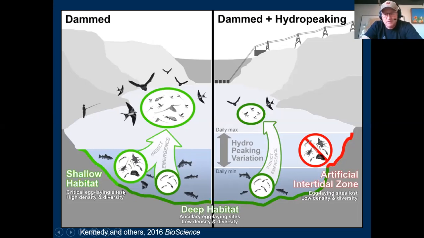I'm showing rainbow trout here, but we think this would benefit humpback chub as well, native fish, and then certainly terrestrial wildlife, things like birds and bats that really rely on these adult aquatic insects when they emerge. So we're hoping with this bug flow experiment that we can make this picture look more like that on the left.